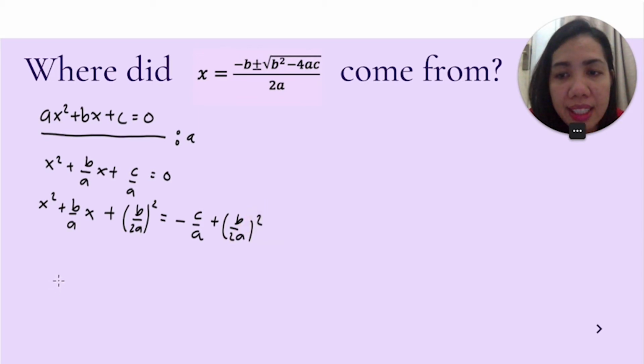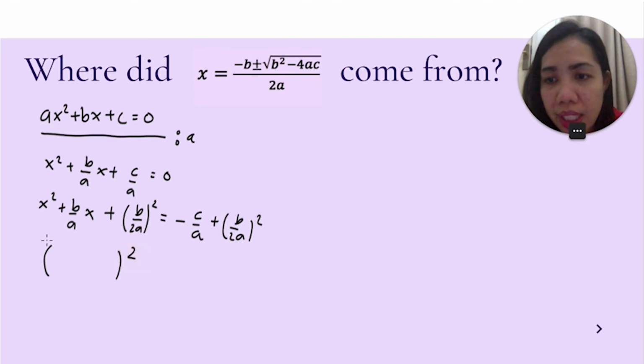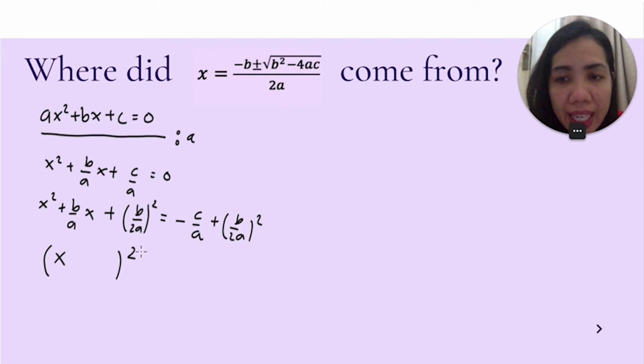The next thing, it's easy for us to get the perfect square. Make the parentheses here, and then put squared, and then take this x, and also take this b over 2a, and put a plus sign here, and then we rewrite the right side. Now we need to simplify this first. Here we have minus c over a plus b squared over 4a squared.